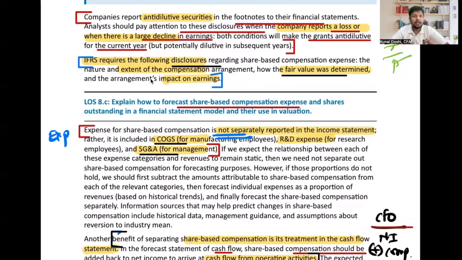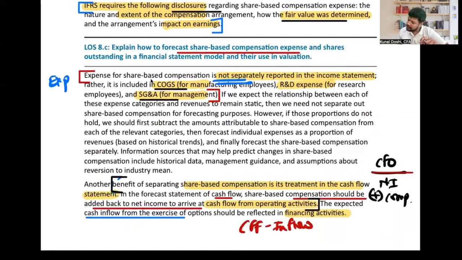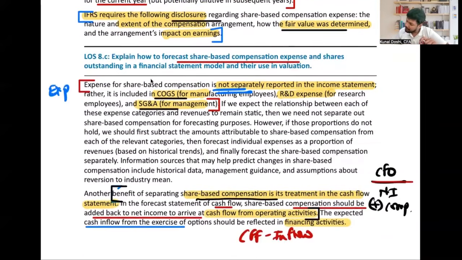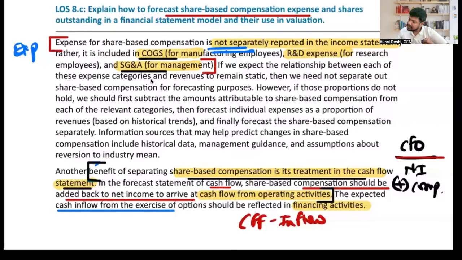However, separating share-based compensation is its treatment in the cash flow statement. Whenever we are forecasting the cash flow for share-based compensation, where is it recorded?